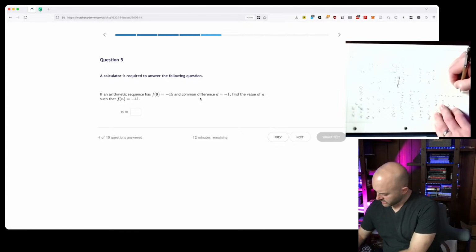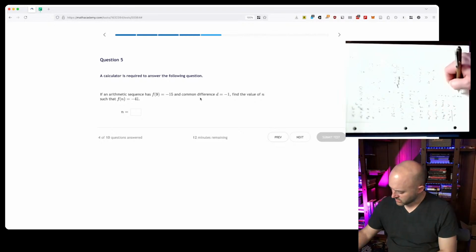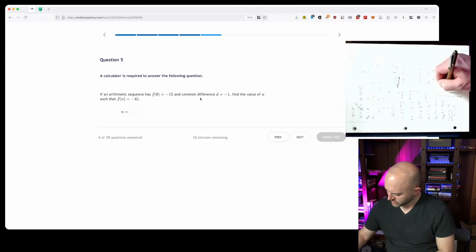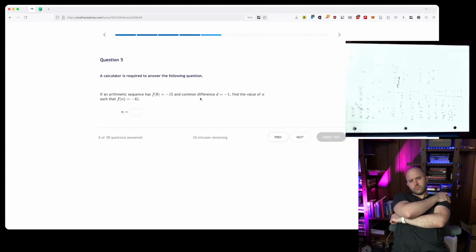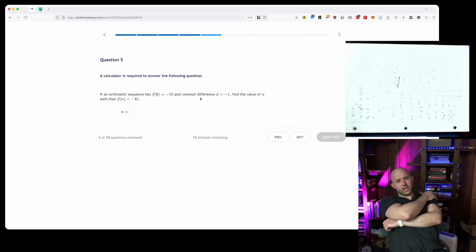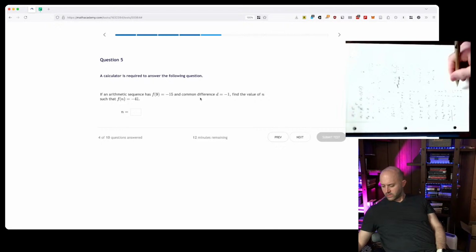So f of 9 is -15, and the common difference is -1. So each time you're getting -14, -13, -12, -11, -10, -8, -7, all these minuses, of course. Find the value of n such that f of n equals -41.